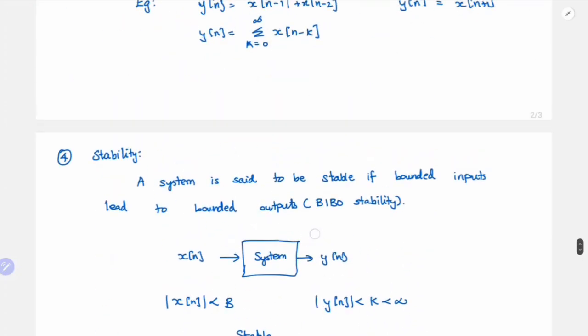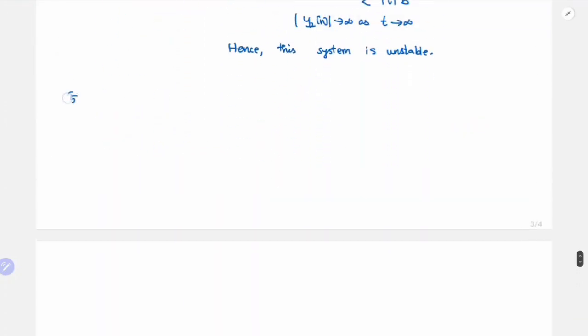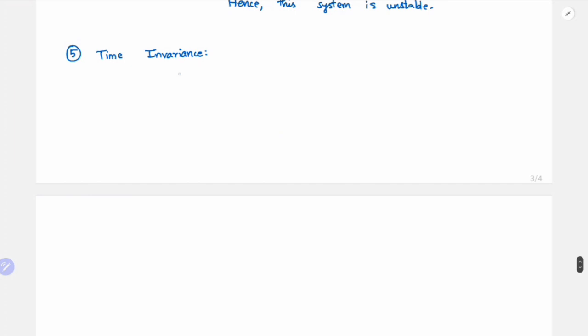So our next property is the time invariance property. So here what do we have?